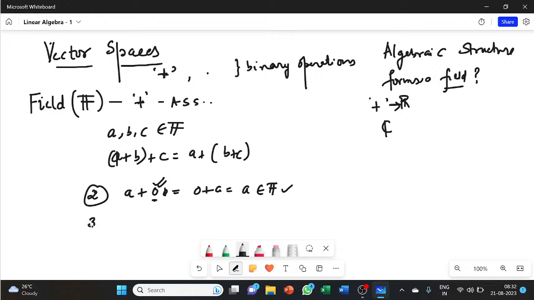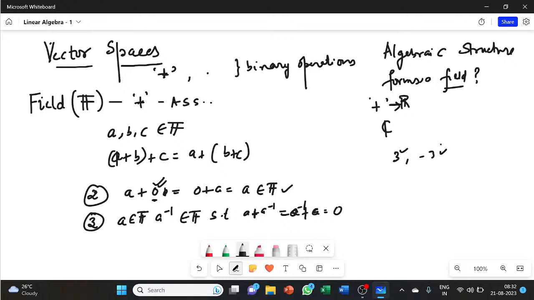Since we have talked about identity, if A belongs to F, there should be an inverse element belonging to F such that A plus A inverse, or A inverse plus A, must give me back the identity. I'm writing A inverse in general; for real numbers, if I have 3, then minus 3 would be the inverse.